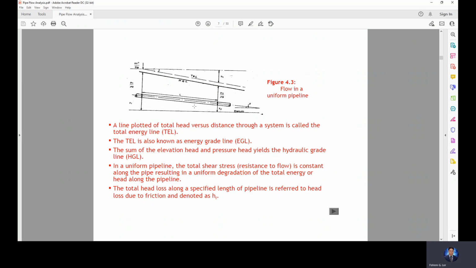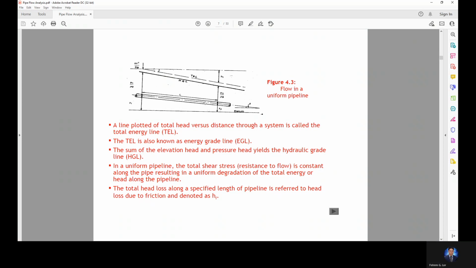This is parallel to our datum, and then at a certain point, point 2 here, going downward, from point 1 to point 2 there is a certain length of our pipe. And the pipe is a homogeneous pipe, same material, same diameter.